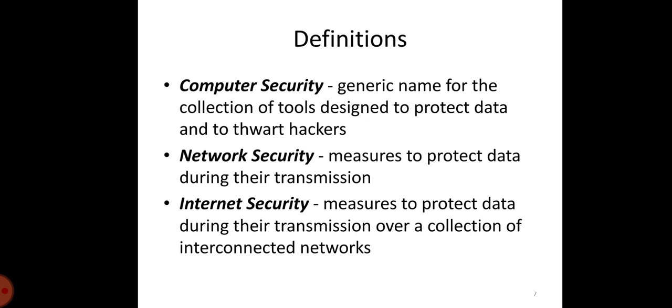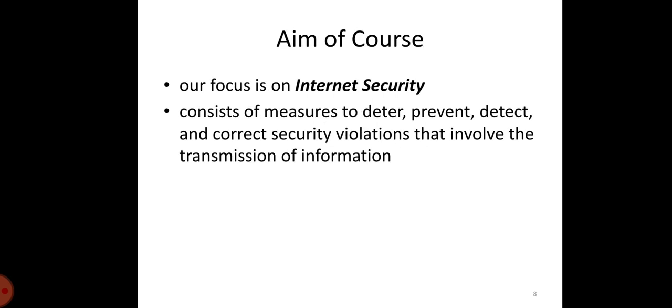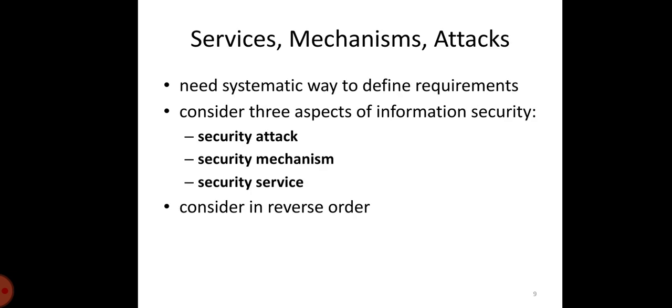Third one is internet security: measures to protect data during their transmission over a collection of interconnected networks. Aim of the course: our focus is on internet security. It consists of measures to deter, prevent, detect and correct security violations that involve the transmission of information.